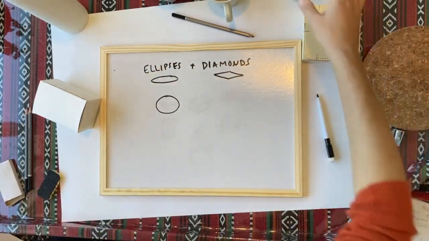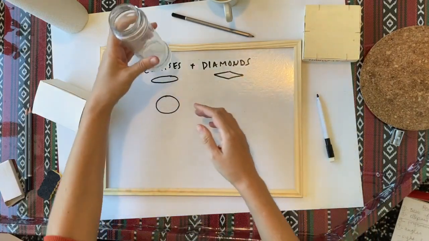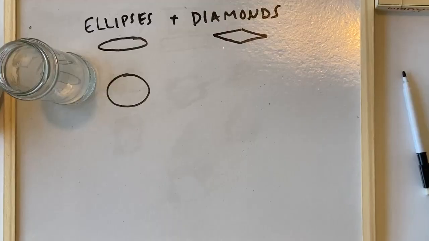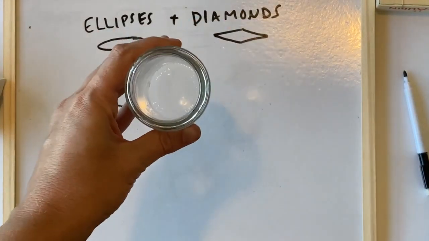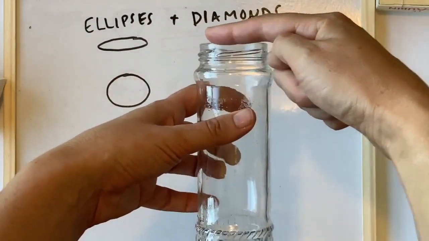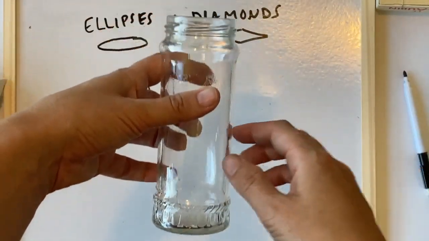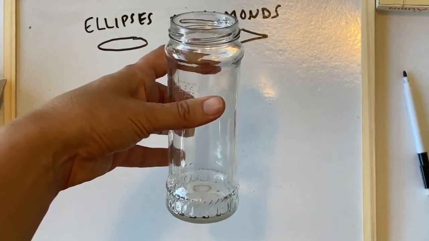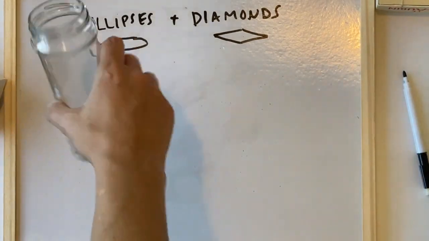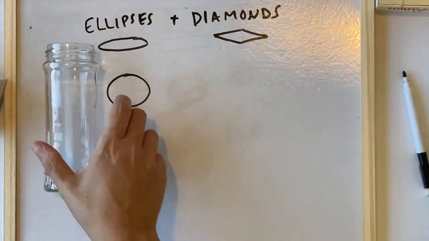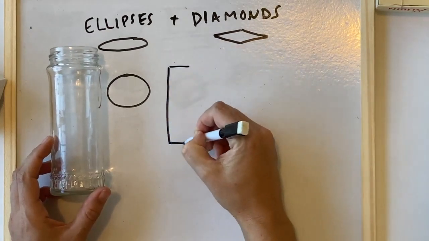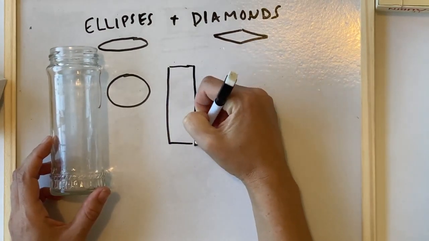We do the same thing if we're drawing a cylinder. Now, if you're looking at it straight down, it's a circle. If you look at it straight at eye level, this just becomes a straight line. But then, if you do it at an angle, this becomes an ellipse. Right now, this jar looks kind of like this.